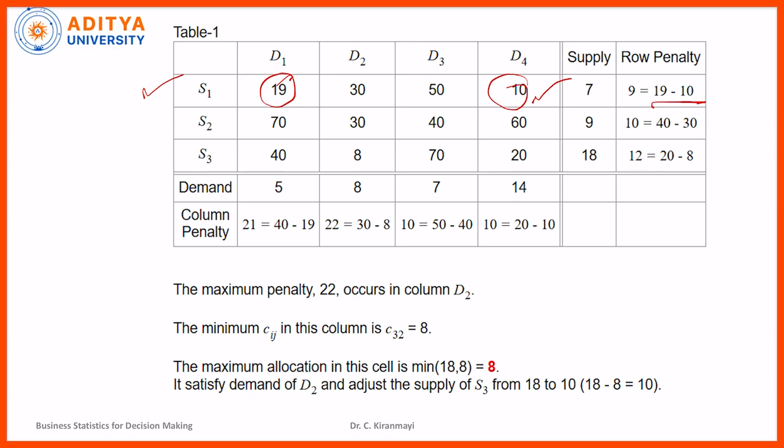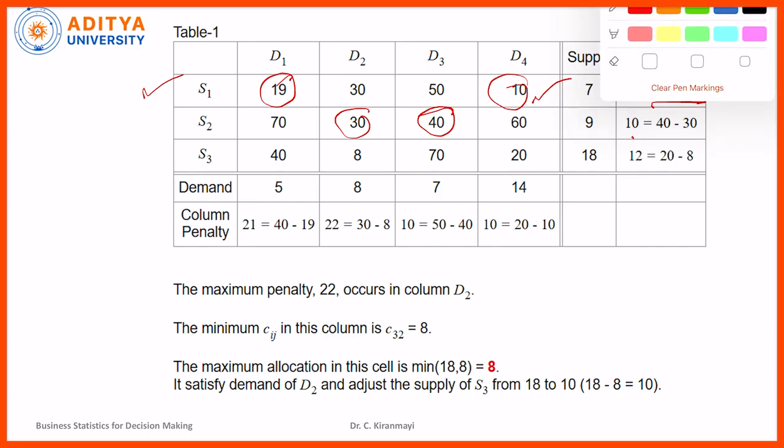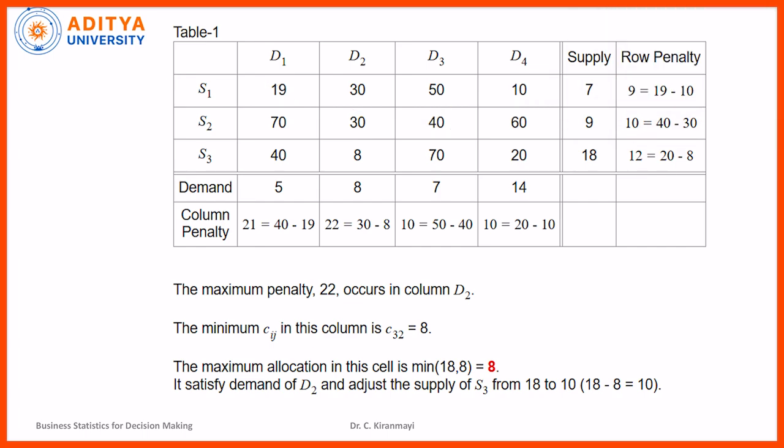The difference between these two is 9. 9 is the penalty for the first row. For the second row, the least cost is 30 and the second least cost is 40, so the difference is 10. This is how we find penalties for each row and each column.